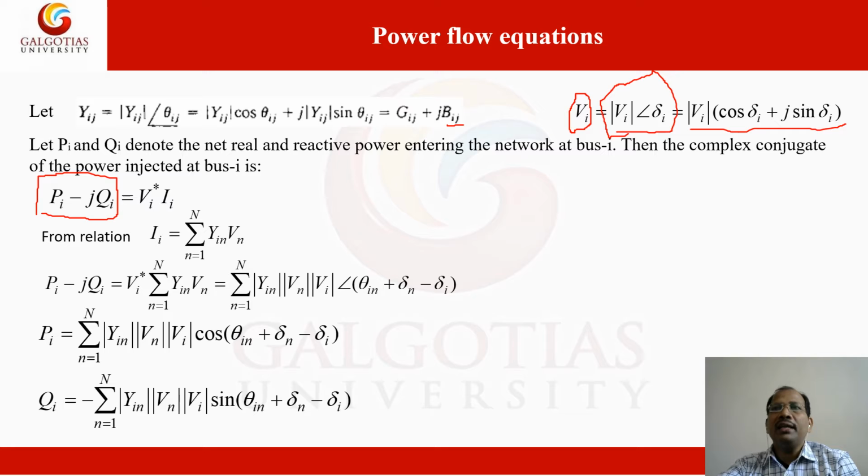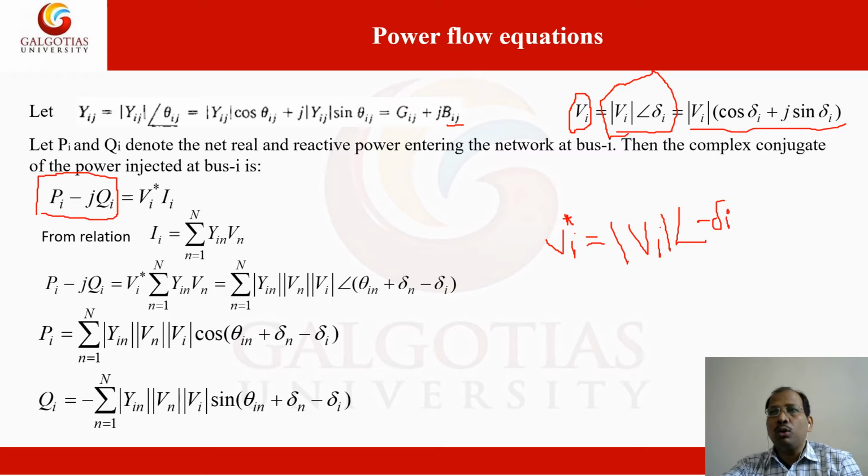So when we are taking the conjugate value, we get the magnitude of Vi, and then the angle is minus del i. So this is the conjugate value of Vi, the Vi conjugate.